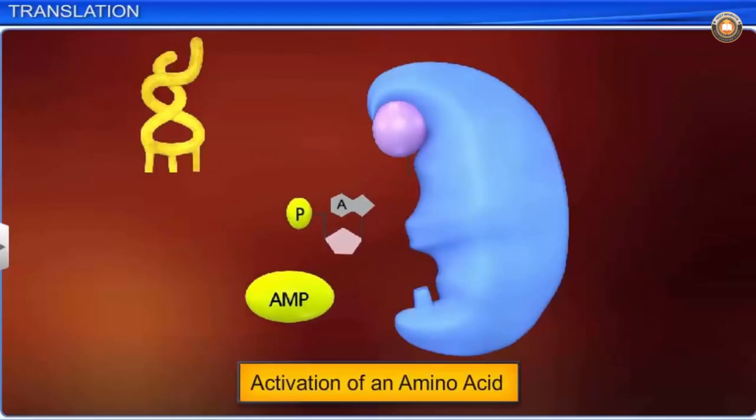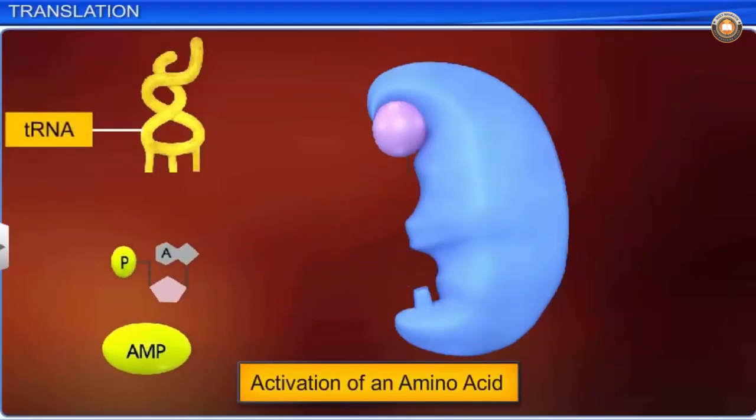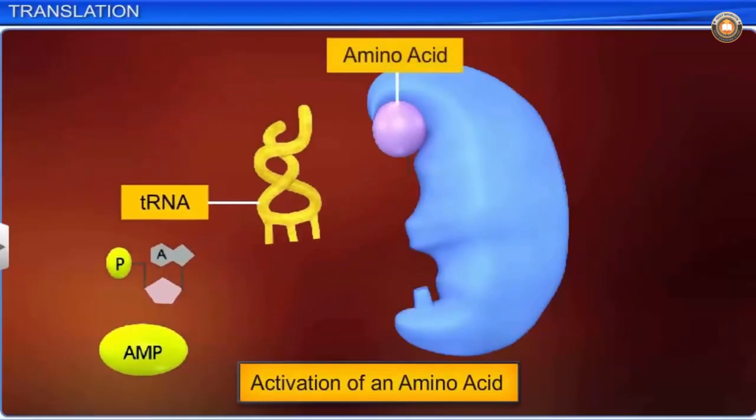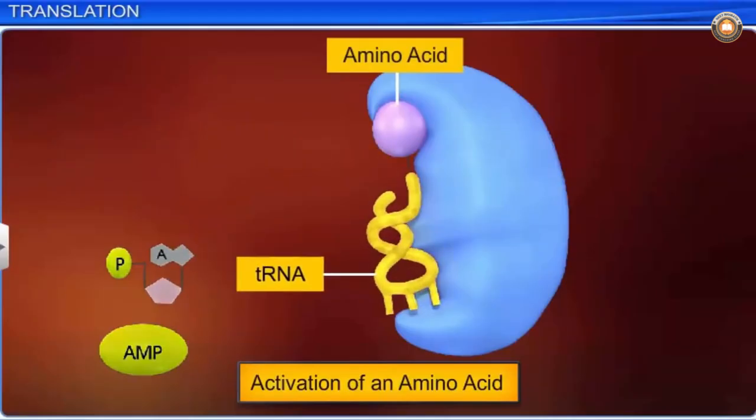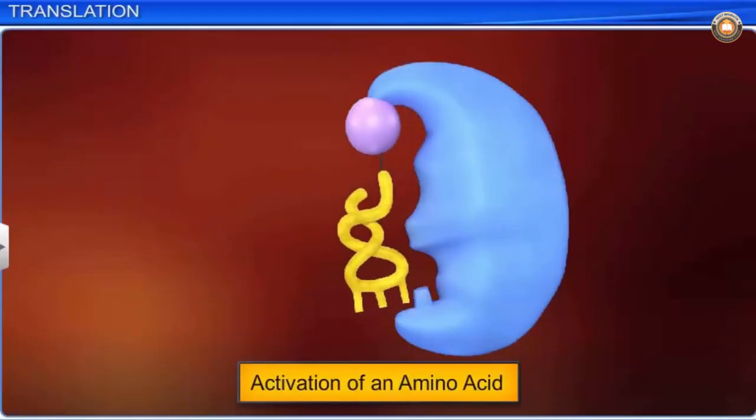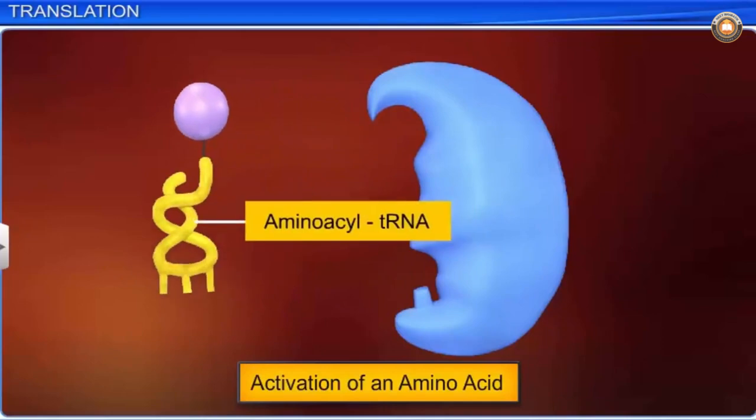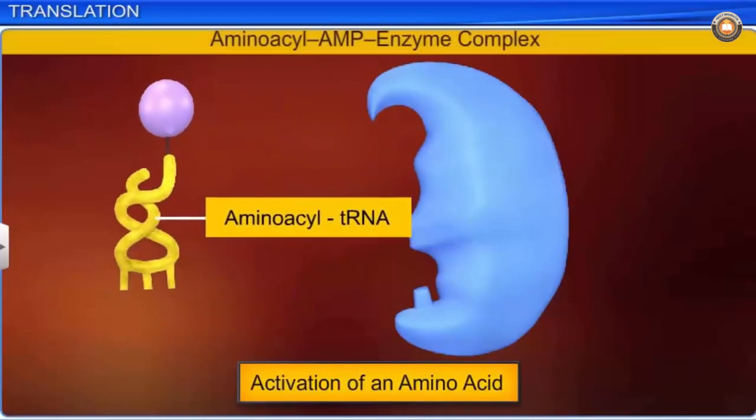This complex reacts with tRNA and transfers the amino acid to it. As a result, tRNA becomes activated as amino-acyl tRNA and the enzyme and AMP are liberated.